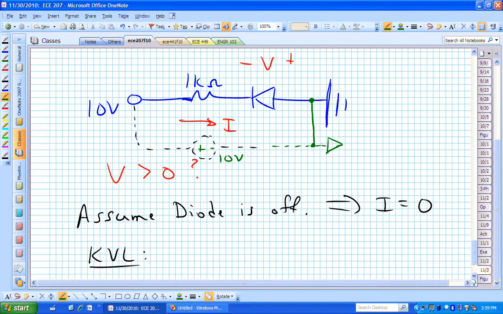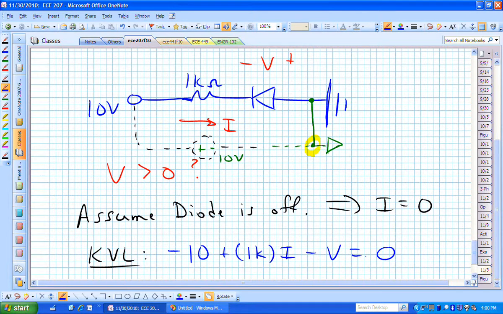And if I start at this particular point, I can walk my way around in a clockwise fashion. The current I is associated with the blue path, the red current I, and now my KVL equation says that I'm going to see minus 10 plus the drop across that resistor, and then I'm going in, the way that I've labeled that voltage V, as minus V, and then I'm back to where I started.